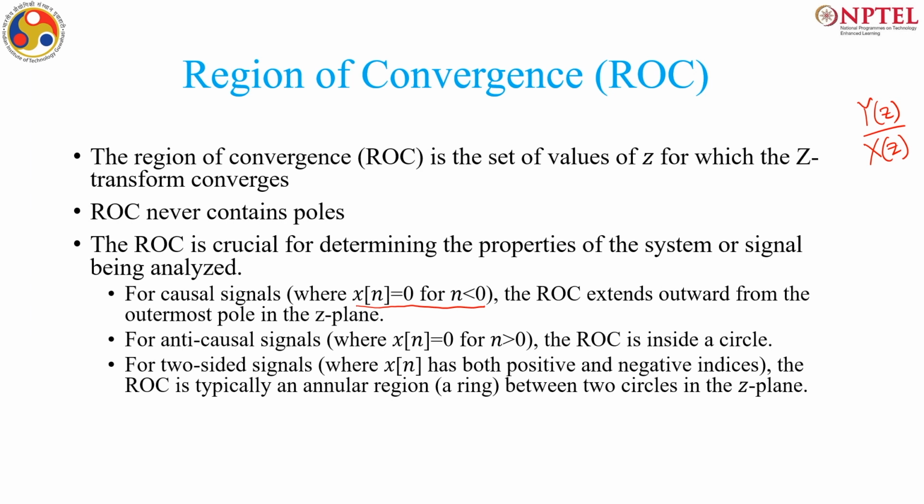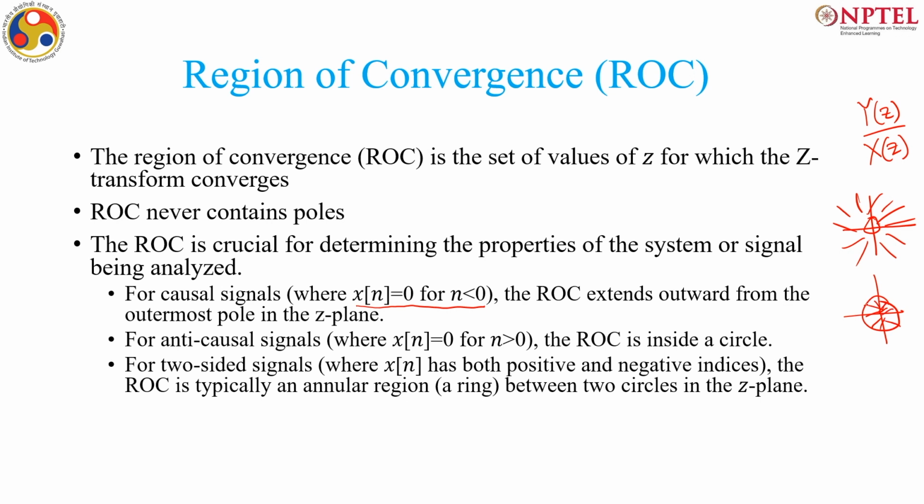In such signals the ROC will extend outward, like if I draw a circle, the ROC will be somewhere outside some circle, and this is defined by the outermost pole. For anti-causal signals, signals which are left sided, the ROC is inside some circle.